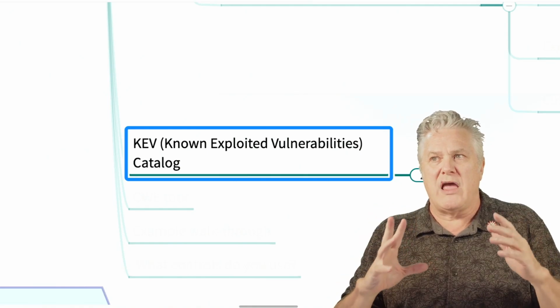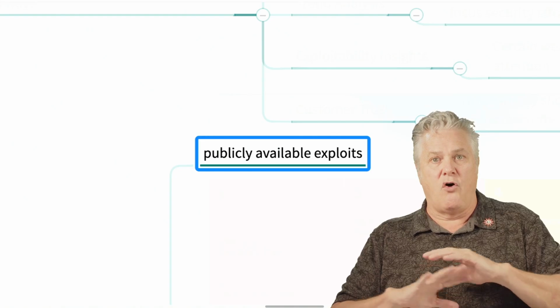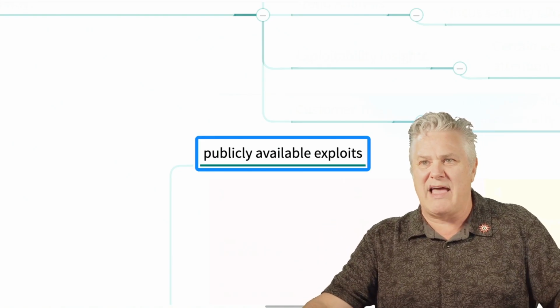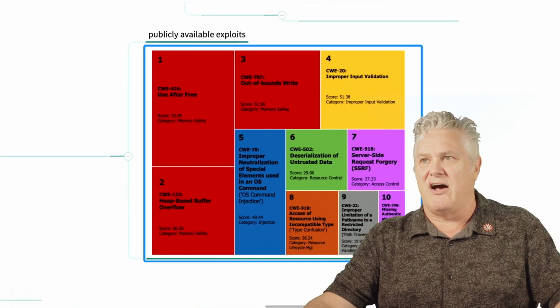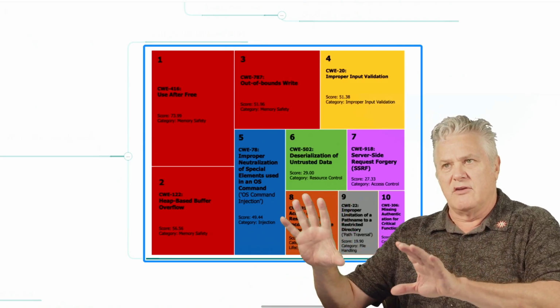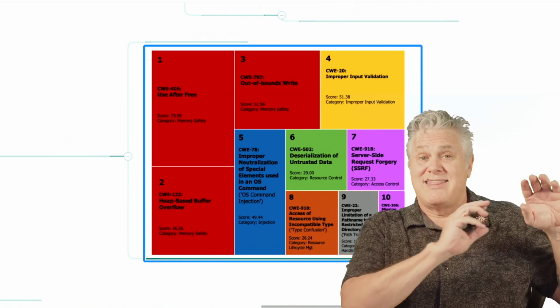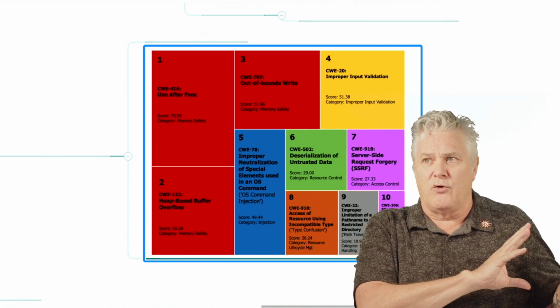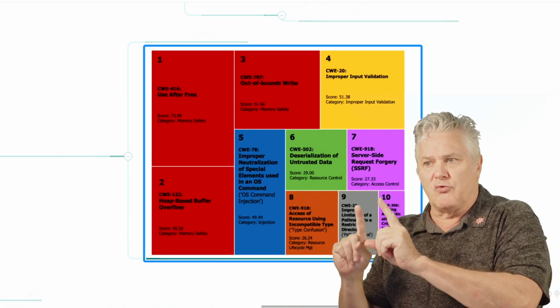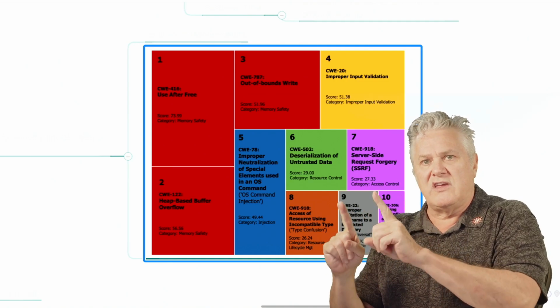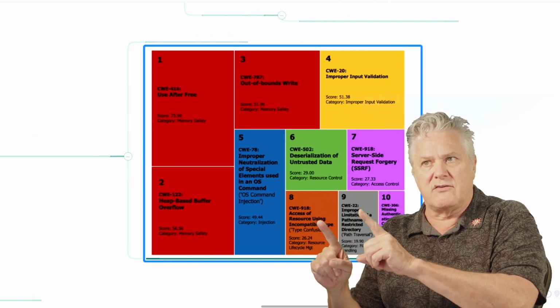Now, speaking of transparency, something has happened within the past couple of years from the CISA. These are called known exploited vulnerabilities, and there's a catalog of these things. This is all the publicly available exploits that are out there. Now, if we zoom out here, and I know this was a little bit of a squint-a-thon for you, but what you'll see is that catalog of exploits is mapped directly to CWE identifiers.